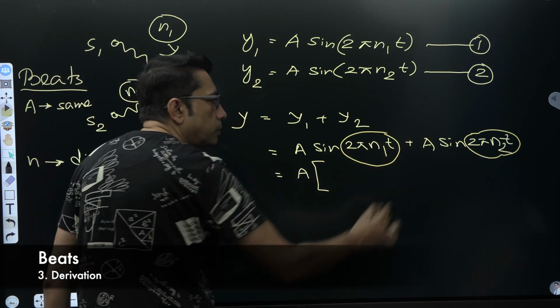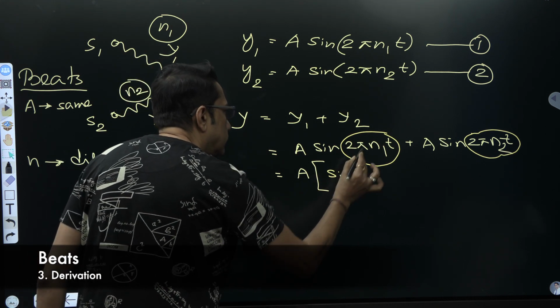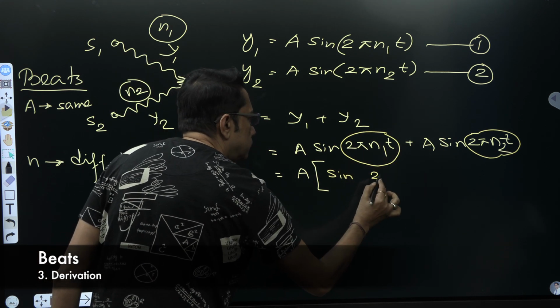So what is the formula of sine C plus sine D? Sine of (C plus D) by 2.